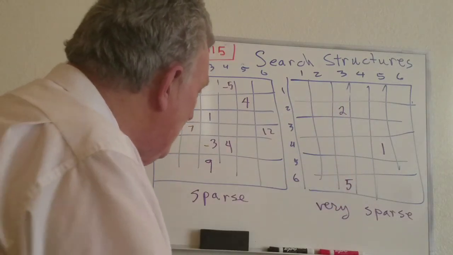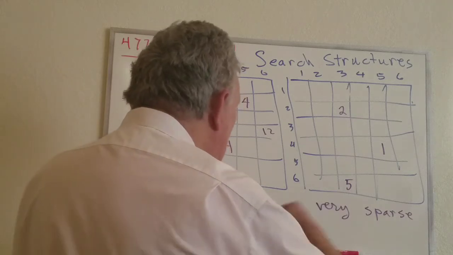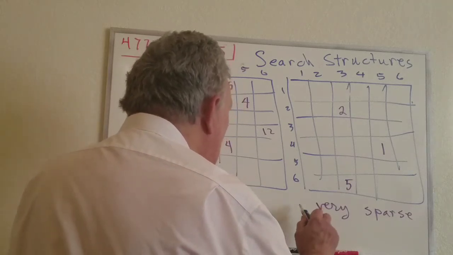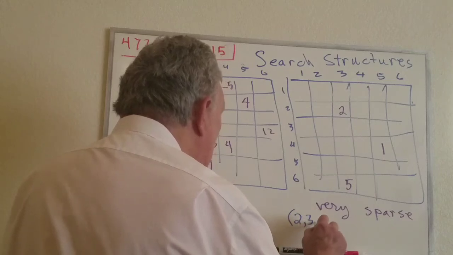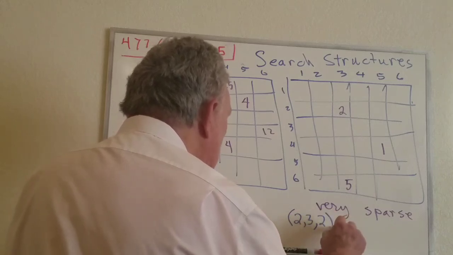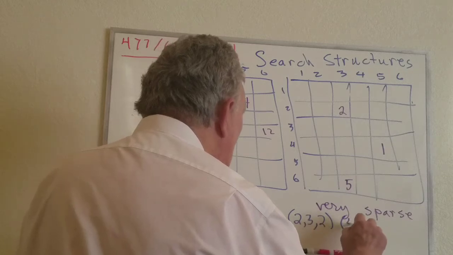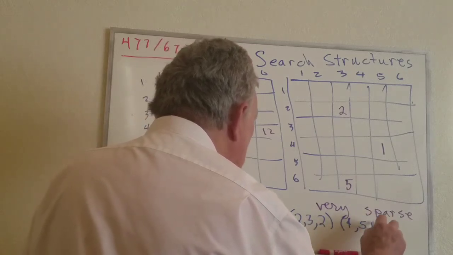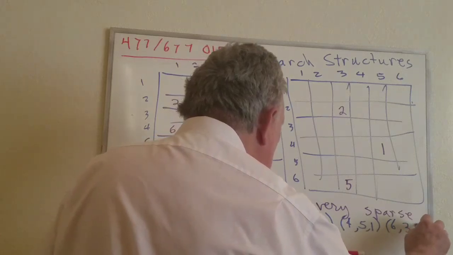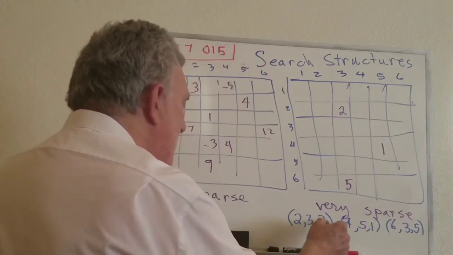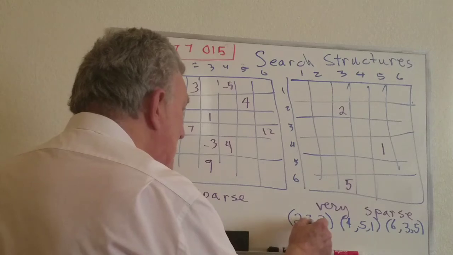Now, if you were going to store an array like this, you would use a search structure which would hold triples like this: 2, 3, 2, 4, 5, 1, and 6, 3, 5. In other words, there's a 2 in position 2, 3.